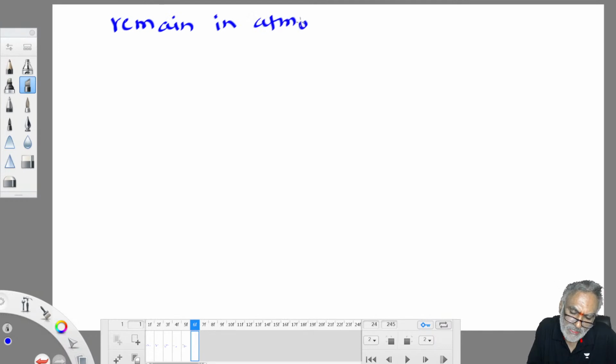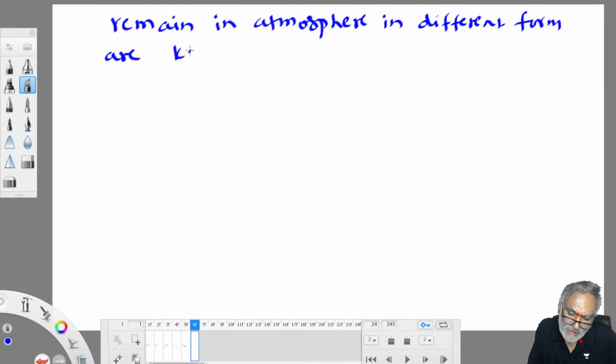So it changes in the atmosphere. They ask this question in the exam. Okay.